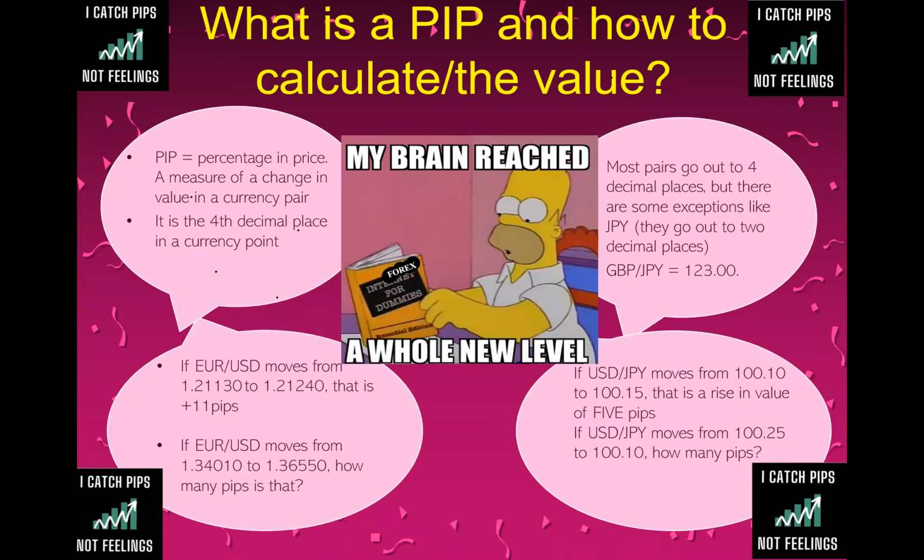If price is going down, if it's going from 36550 to 34010, that would be 254 pips down. I hope that makes sense. Okay, maybe another example, yeah? Does that make sense, Mike?